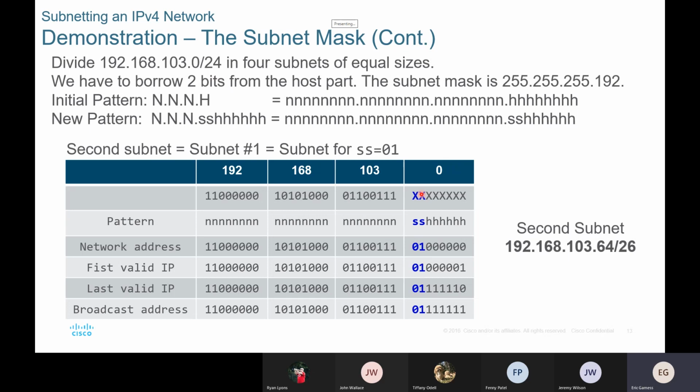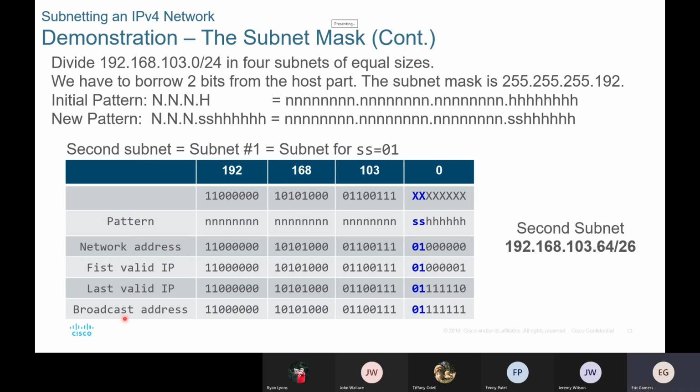Let's verify that. If I ask you to compute the network address, how do we compute that? We change all the host bits into 0. Here we have 6 host bits. If I change all of them into 0, I will get this number in binary, and this number is 64. So yes, it does start at 64. Now let's verify that it ends at 127.